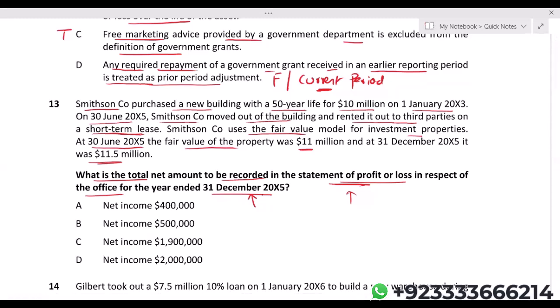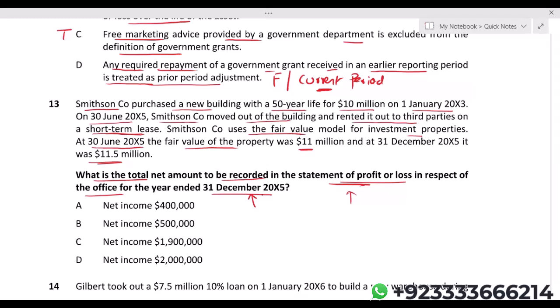What is happening? Number one, there is a transfer as well. Earlier, we were using this building in the business. So it means earlier we were applying IAS 16 on that building, and now it has transferred from IAS 16 to IAS 40.